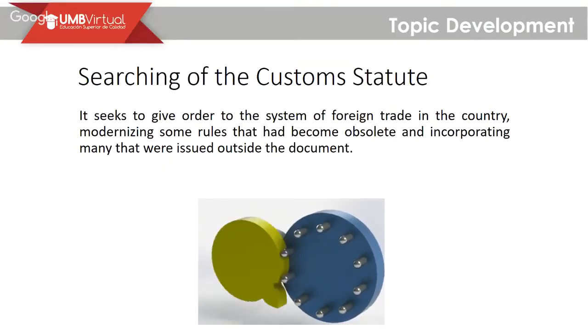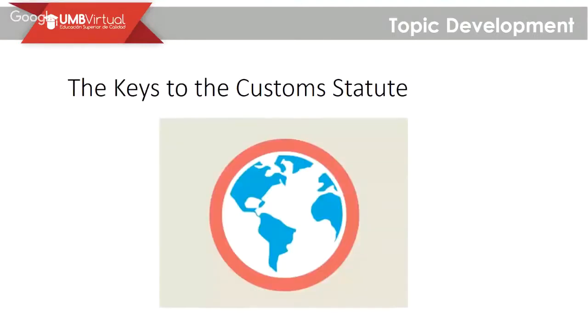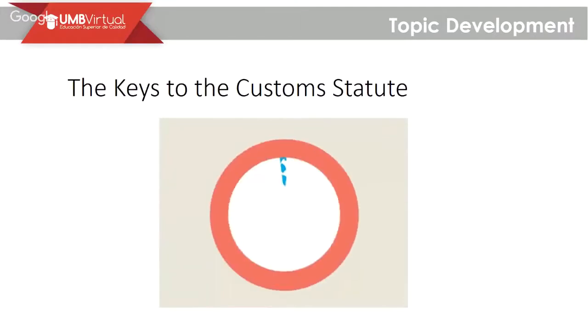Okay, so what the customs statute really seeks is to give an organization to the documents that existed in the past, and also give a new concept regarding foreign trade and make new laws in order to have a better import or export process. What are the keys to the new Customs Statute?